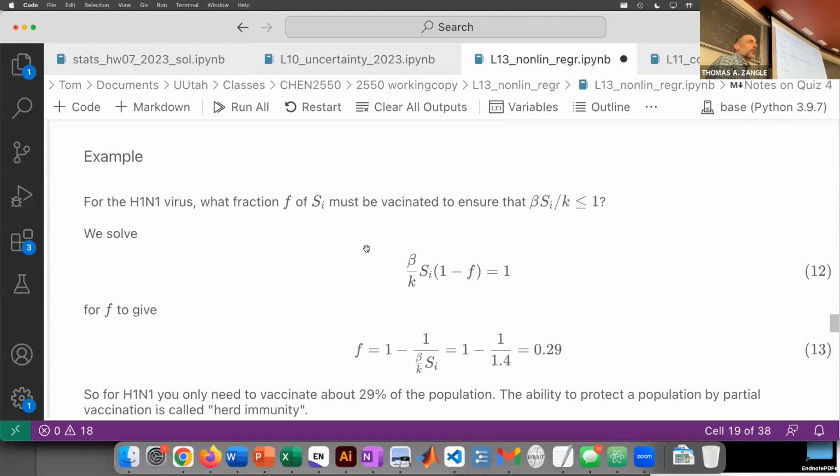Our estimate of that more or less comes from a model like this, where we can figure out the fraction of the population that needs to be vaccinated to ensure that the rate of growth of the infected population is less than 1, or that the disease is dying out. So for H1N1, based on the parameters that we would estimate for growth of that disease, we'd estimate you only need to vaccinate about 29% of the population.